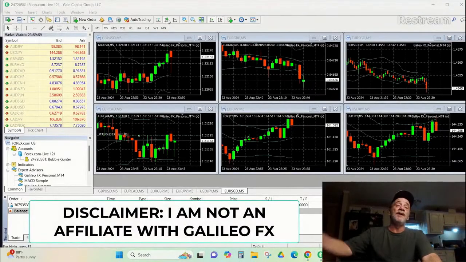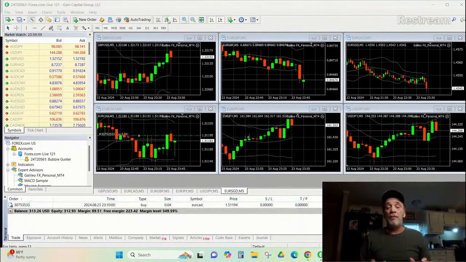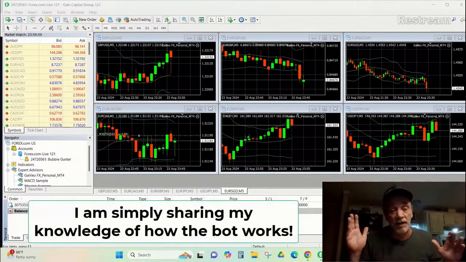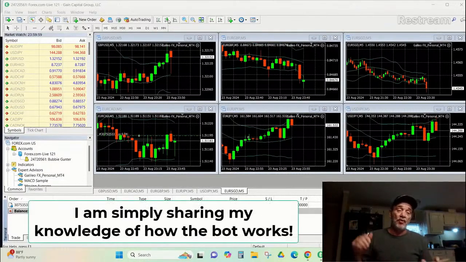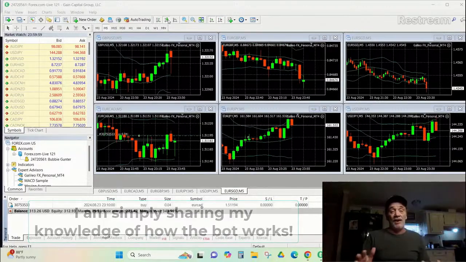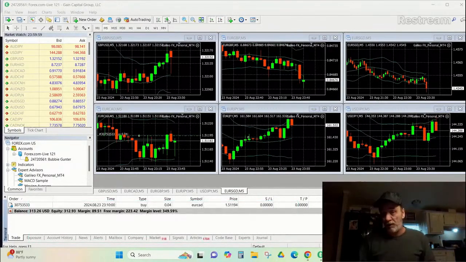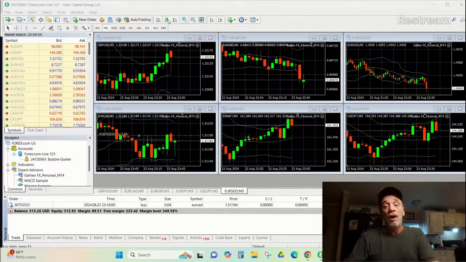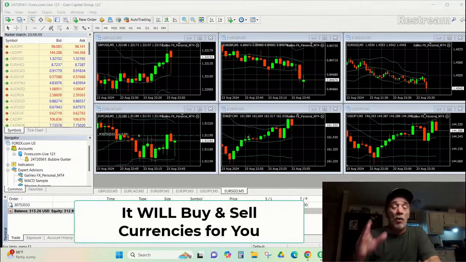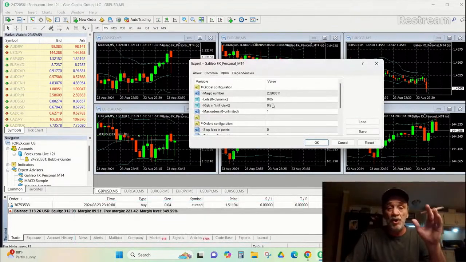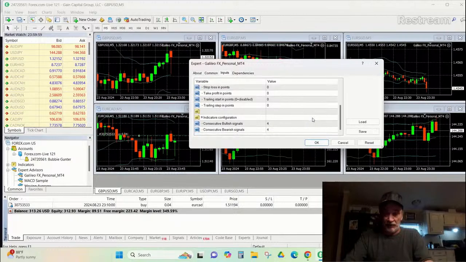This is the MetaTrader 4 trading platform, and I have the Galileo FX personal trading bot set up in MetaTrader 4. What it does is it buys and sells automatically for you in accordance with parameters that you set in the settings.